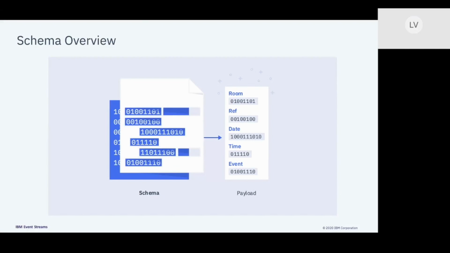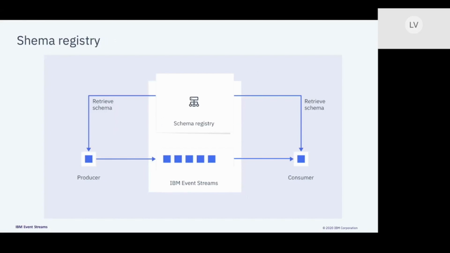So Event Streams supports schemas and includes the schema registry for using and managing these different versions of schema. And that's consumable by the producer and by the consumer. Like this, the information sent by the producer conforms to the specific schema, and the consumer will use the specific schema.